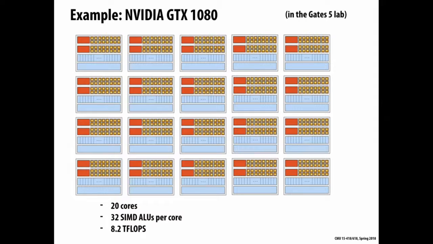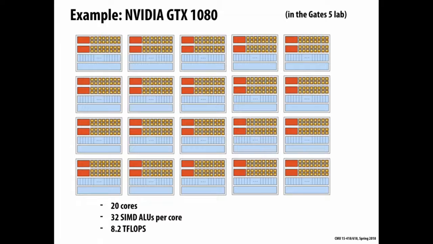Like I said, they threw out all that fancy branch prediction and a lot of that logic in favor of much simpler control, but therefore the ability to do more work, more ALUs stuffed into the same amount of space. So in principle, if you add up the raw compute capability across this whole thing, it can go at 8 teraflops, 8 trillion floating point operations per second, which is a lot of teraflops, right?